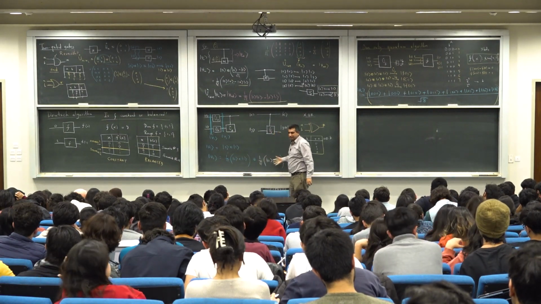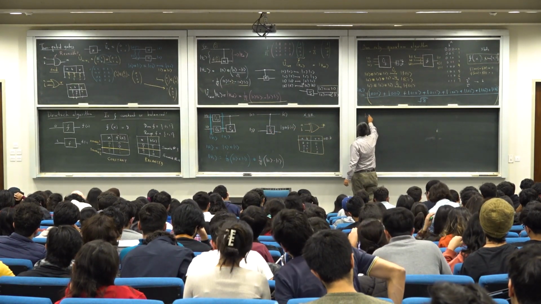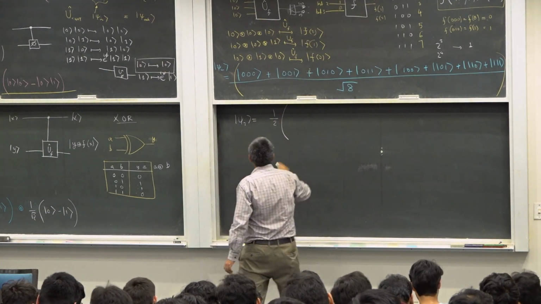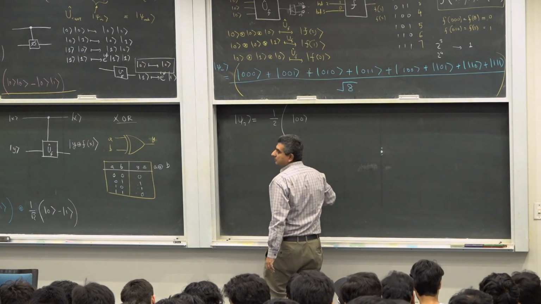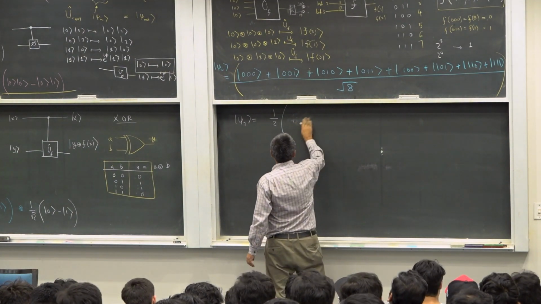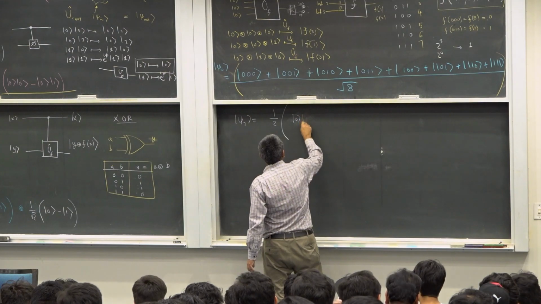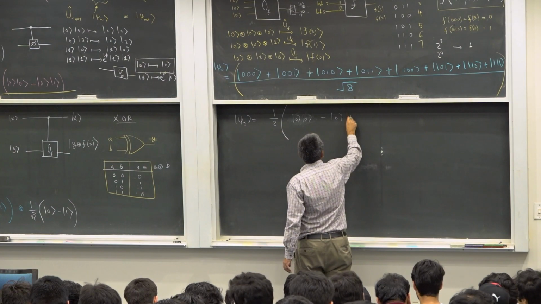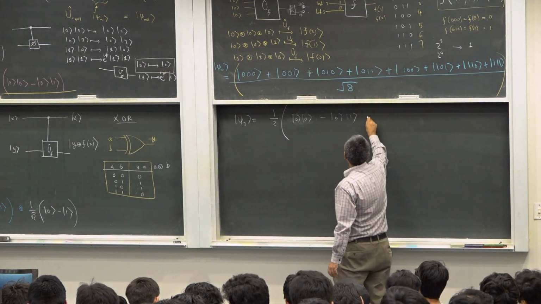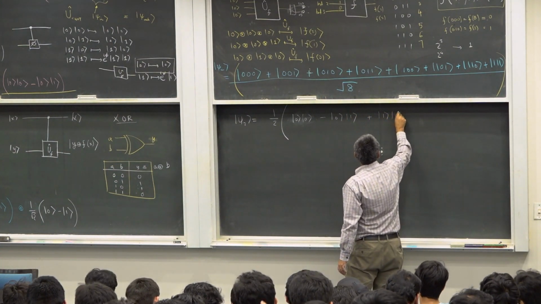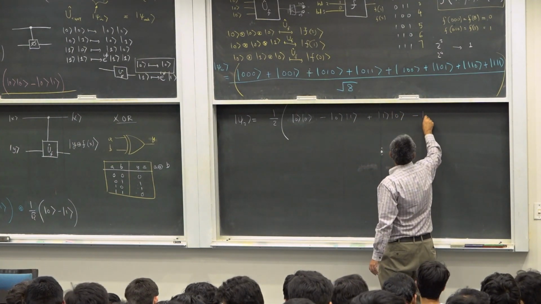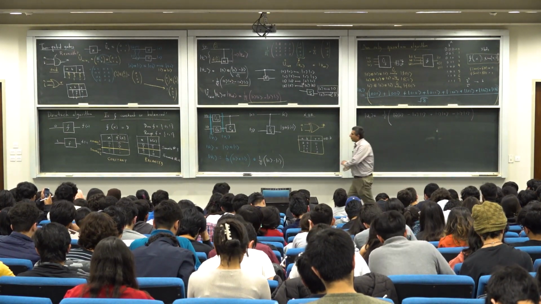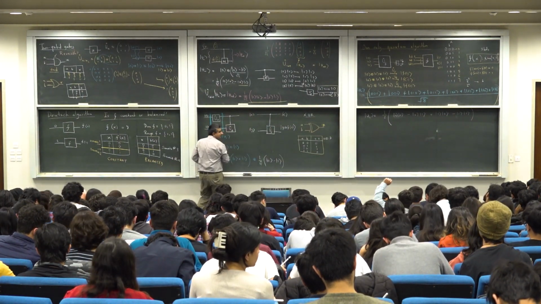So psi 2 equals 1/2 big brackets, ket 0 ket 0, or I could write for your convenience ket 0 ket 0, minus ket 0 ket 1, plus ket 1 ket 0, minus ket 1 ket 1.